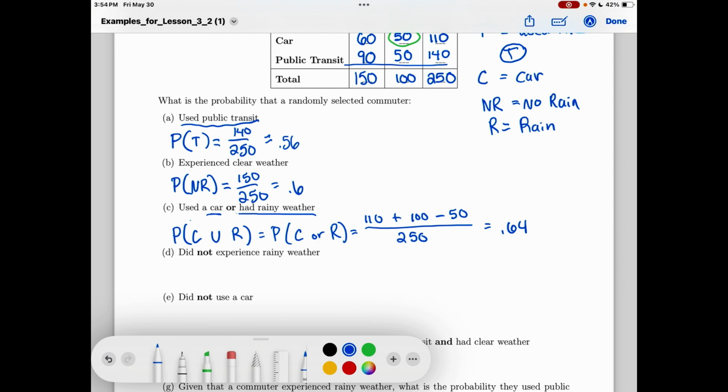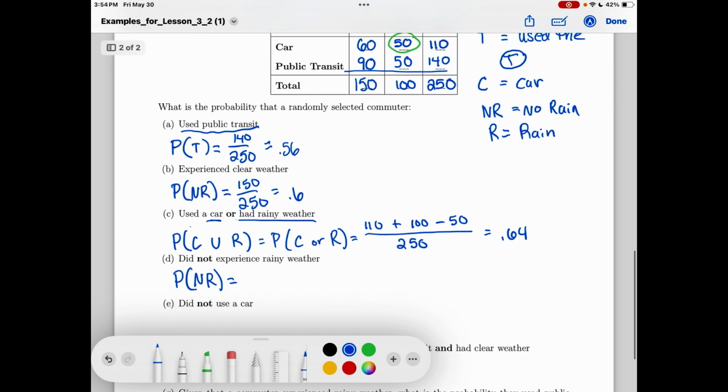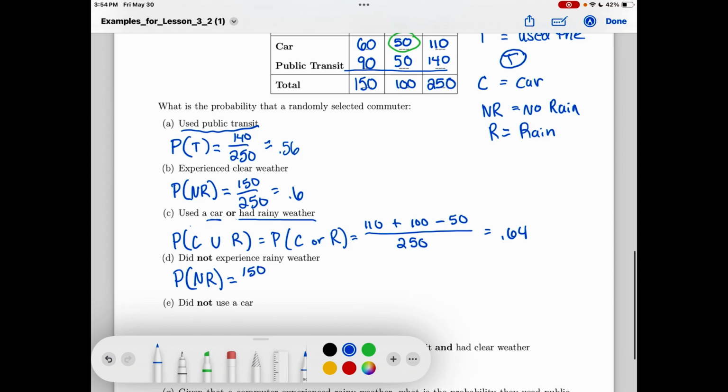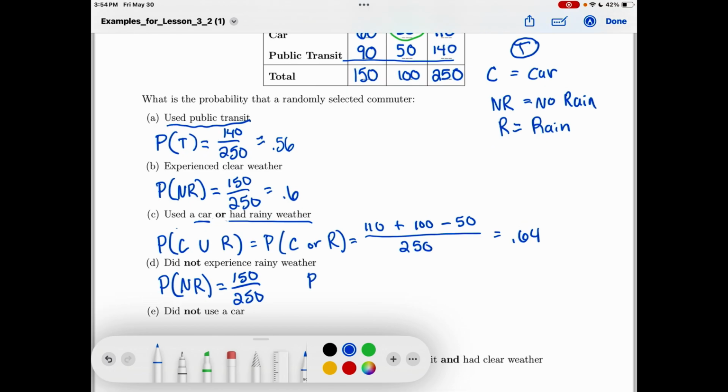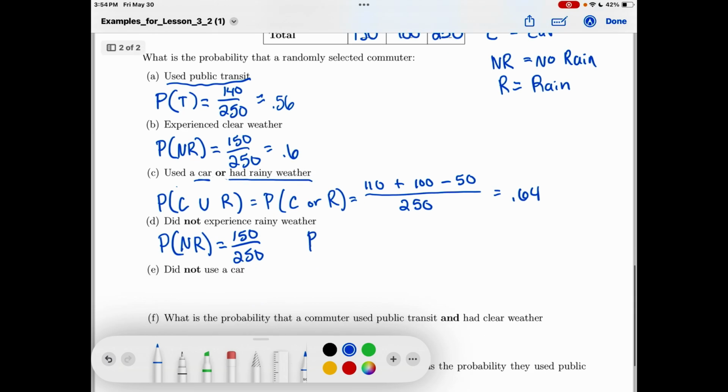Part D says, what's the probability that someone did not experience rainy weather? So there's two ways we can do this. We can use the people that had clear weather, which was no rain. And if we do it that way, that would be 150 out of 250. The other way we could do it is use the complement.